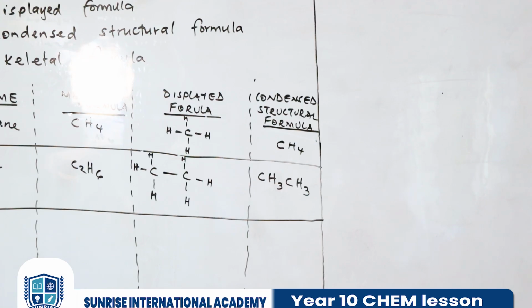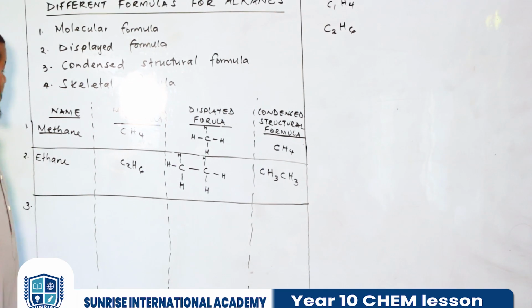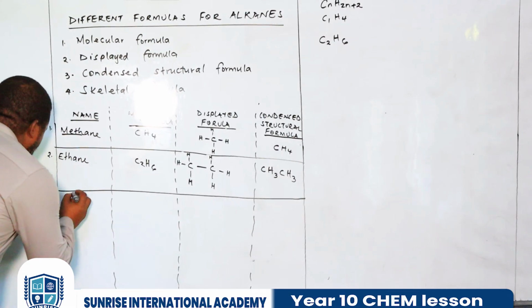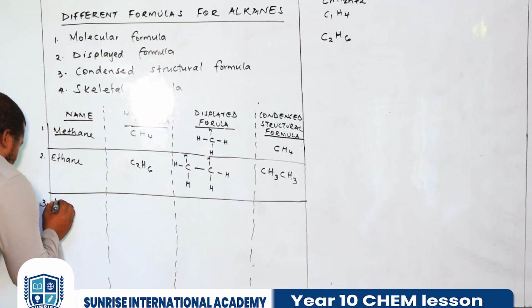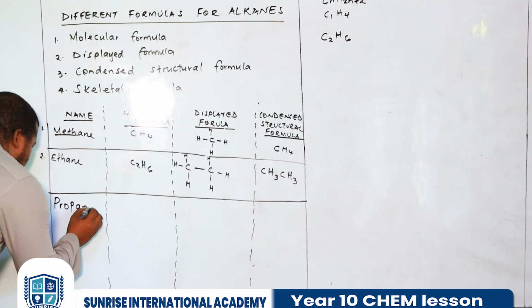We swiftly move to the third member of the alkane homologous series. The third member is propane. Prop means 3 carbon atoms plus ane.